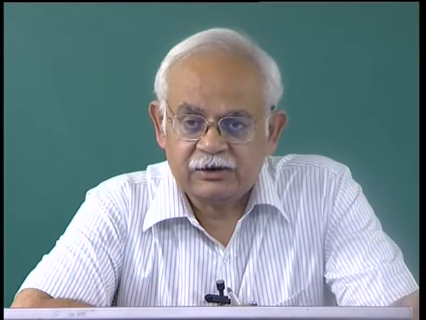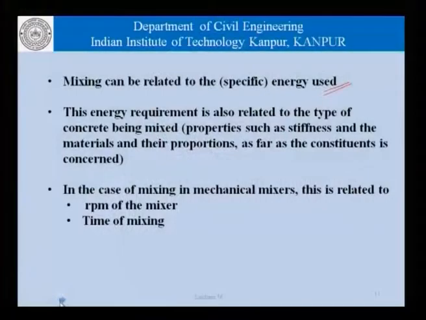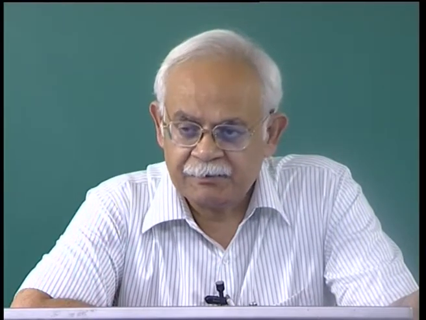This discussion of energy being related to the property that we want, in this case the mixing energy to the workability and the air content and making sure that the concrete is homogeneous, is pretty similar in the case of compaction of concrete. We can compact concrete manually by tamping with rods, and that is what we do, for example, in the slump test or when we are measuring the air content.